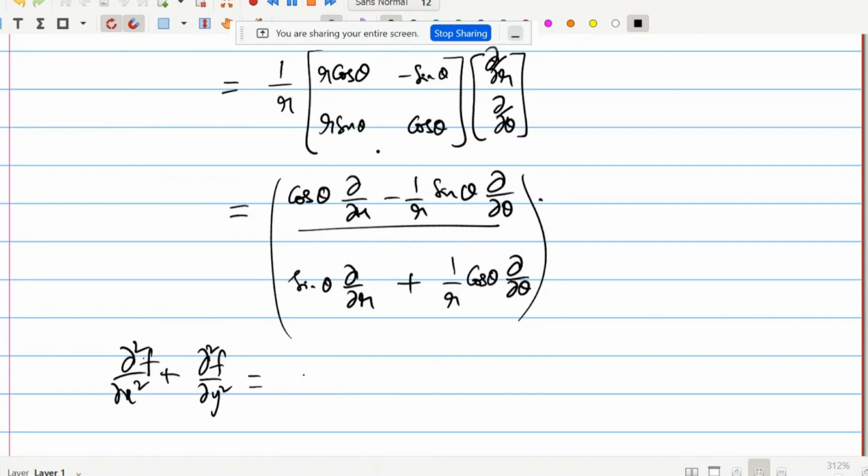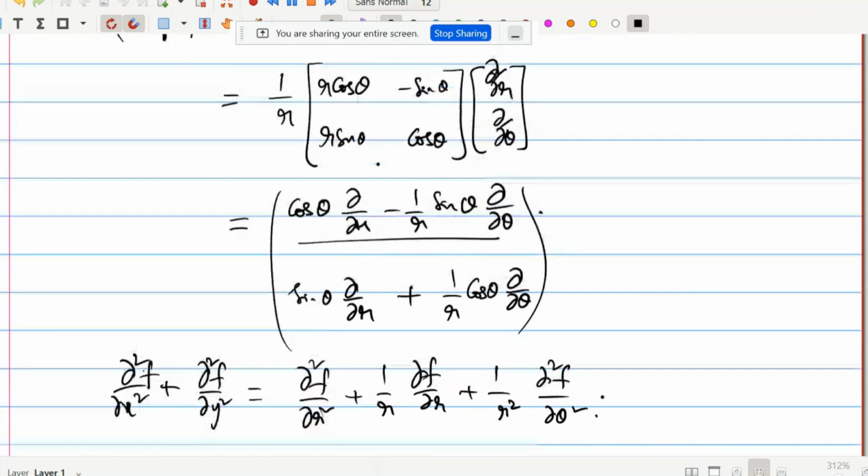If you use this, this becomes your actual Laplace equation: ∂²f/∂r² plus 1 by r ∂f/∂r plus 1 by r² ∂²f/∂θ². This is the usual procedure which you do in calculus.